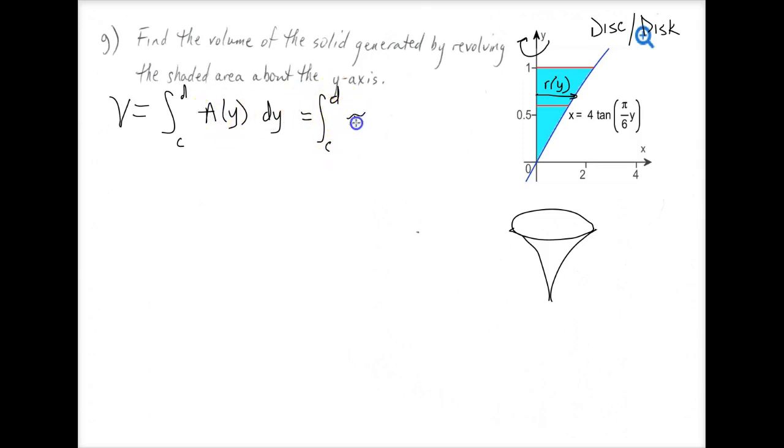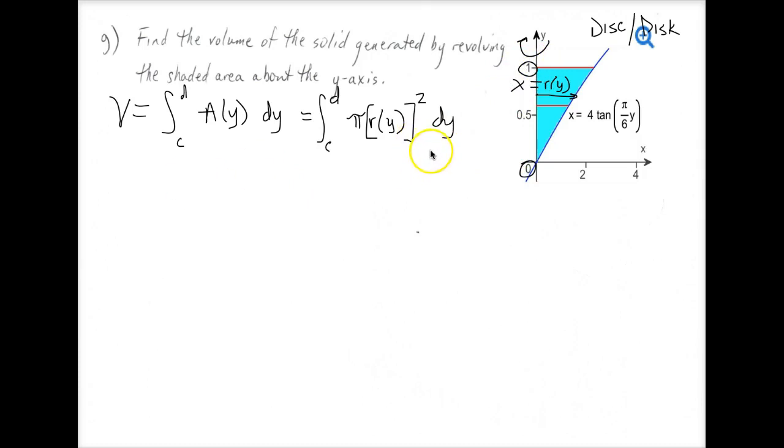The area here is pi r of y, quantity squared dy. And of course, r of y is going to be the same thing as x is. So here, 4 tangent of pi over 6y, that's going to be what our radius is there. So this one is relatively simple, and we're going to integrate from y equals 0 to y equals 1.